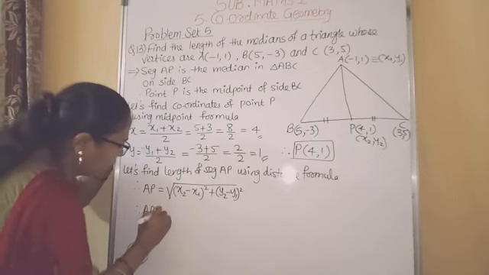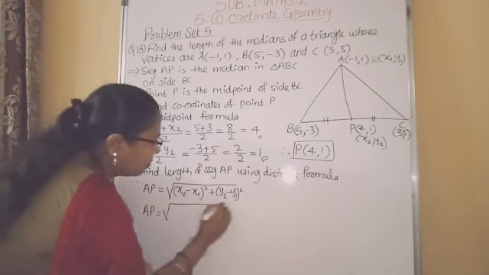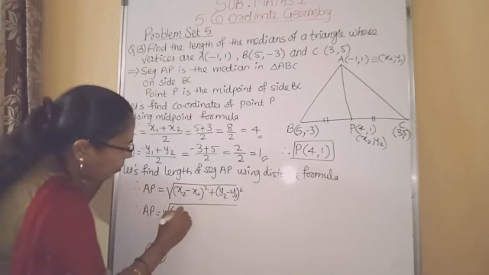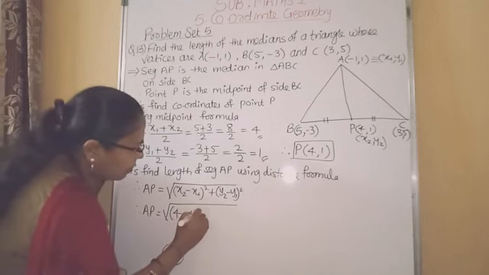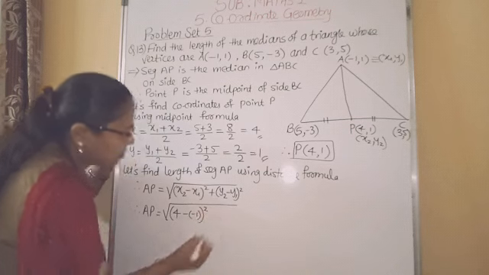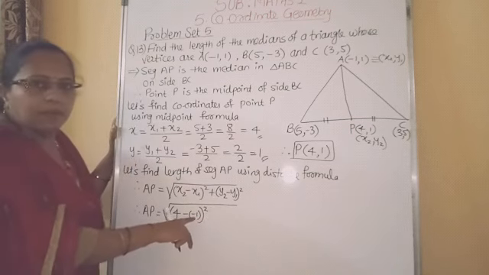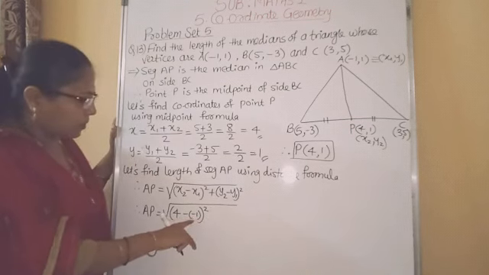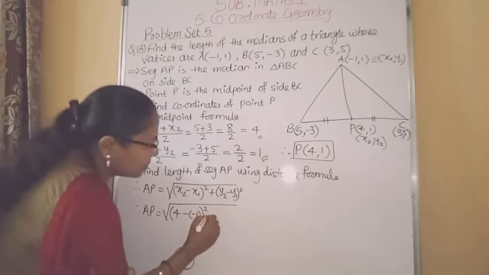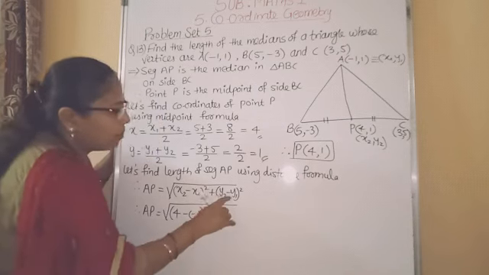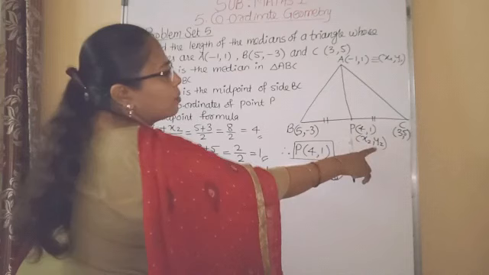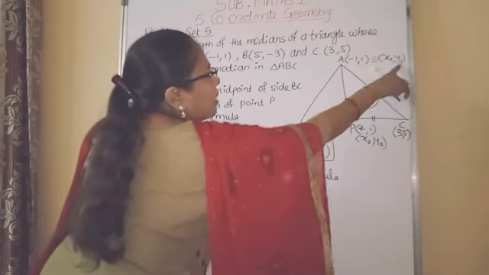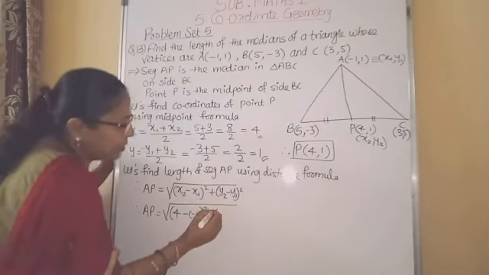AP equal to square root of bracket (4 minus -1) square. Coordinate x1 is -1, so write in bracket, plus (y2 minus y1) square. y2 is 1 and y1 is 1. So (1 minus 1) square.